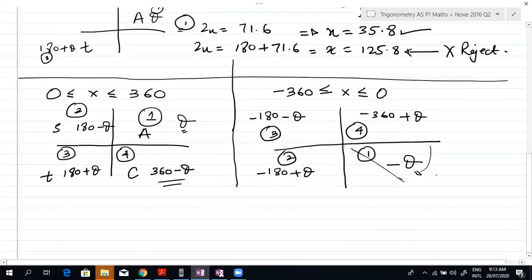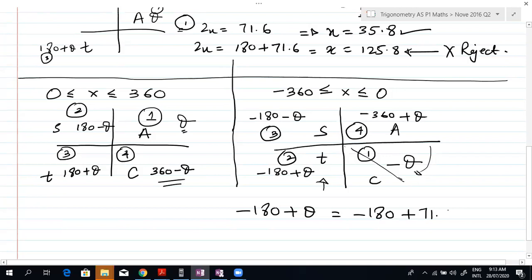Now remember, tan was positive, so we have to take this quadrant right over here, which is minus 180 plus theta. So that's negative 180 plus theta, and theta was 71.6. This is equal to 2x.